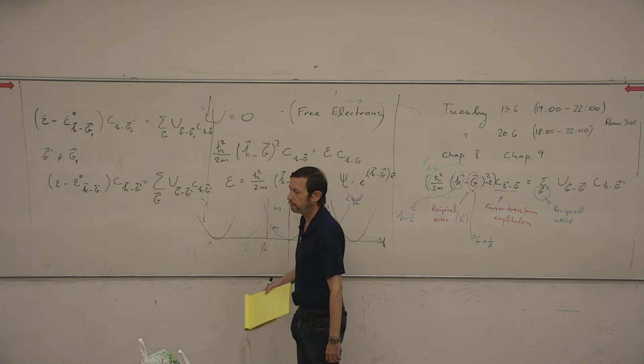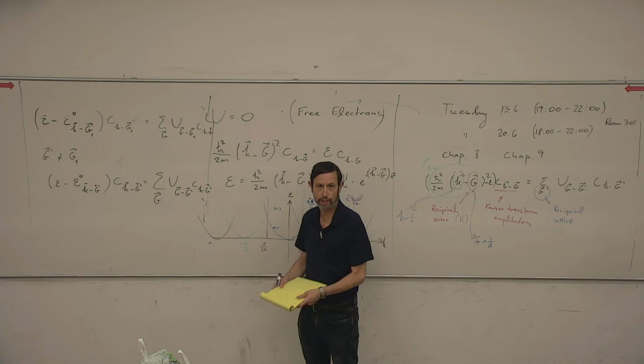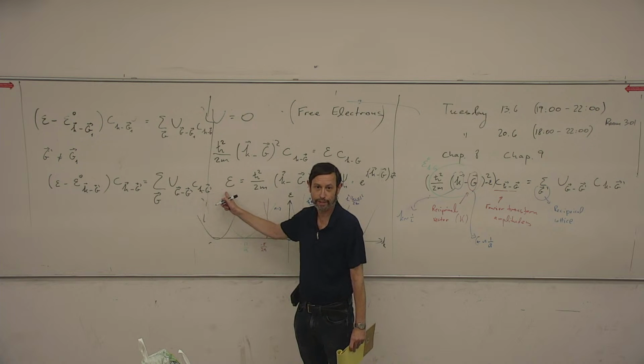I want to separate this summation into G equal G prime and all the rest.